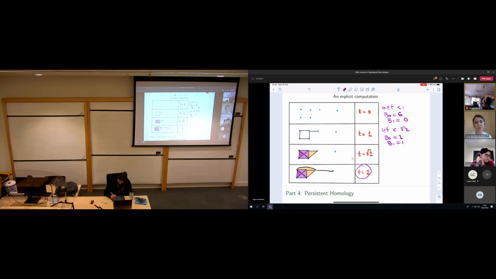Then in the new interval from square root of 2 to 2, I still have 2 connected components and now no first homology. And finally, from t equal 2 to infinity, forever, I have a single connected component and no homology. Homology is cancelled. Any question here?